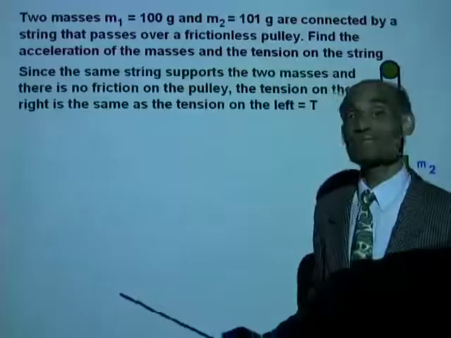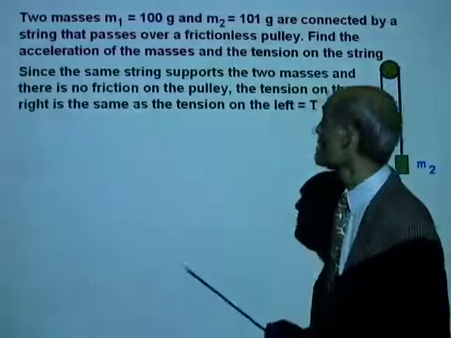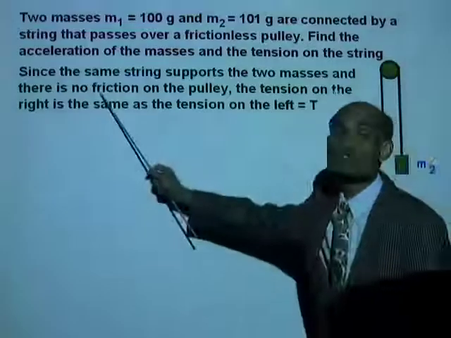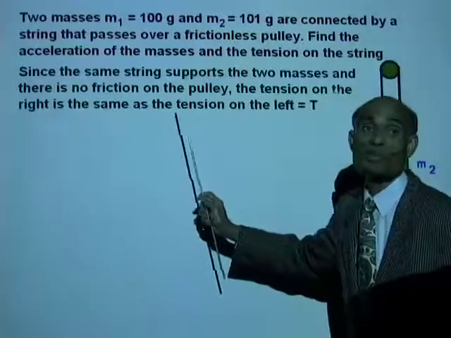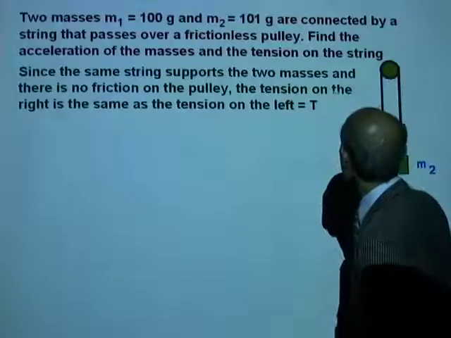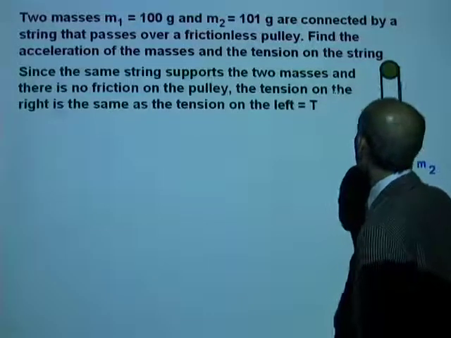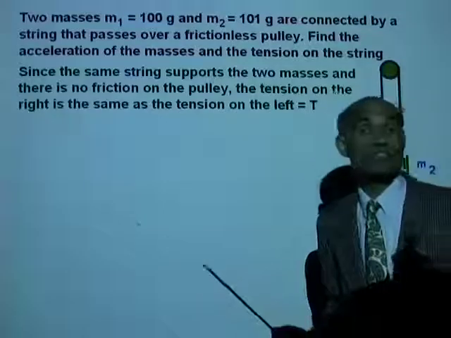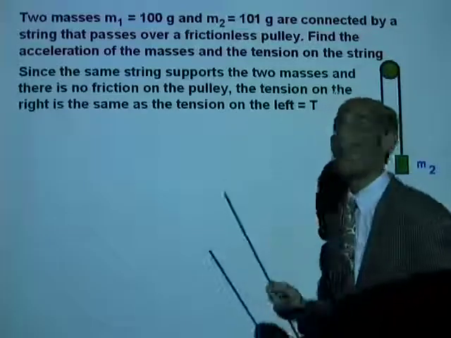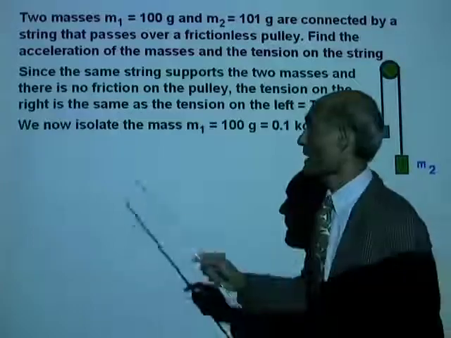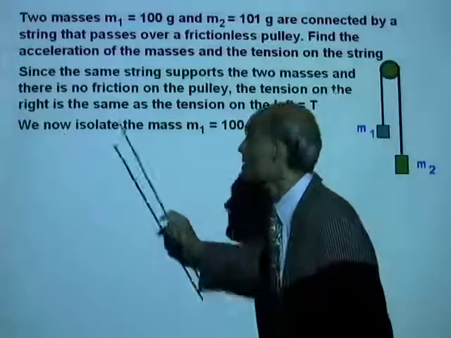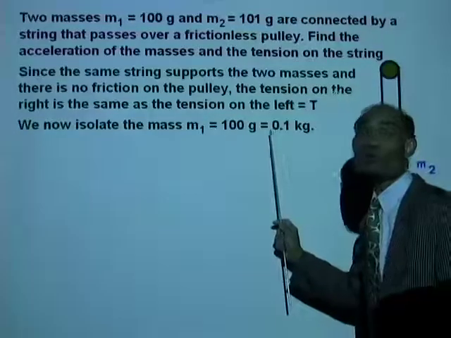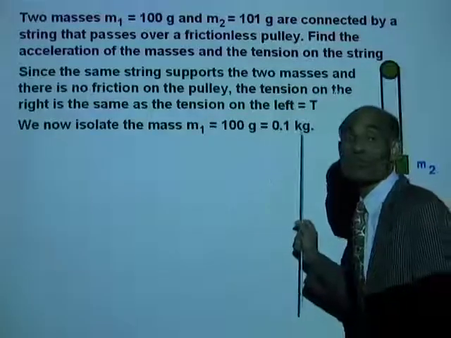Well, how do we start doing this? Since the same string supports the two masses and there is no friction on the pulley, the tension of the string on the left and on the right is the same, since it is the same string, and we call it T. And now we isolate the mass M1 equal to 100 gram. Always remember to convert it to proper units.